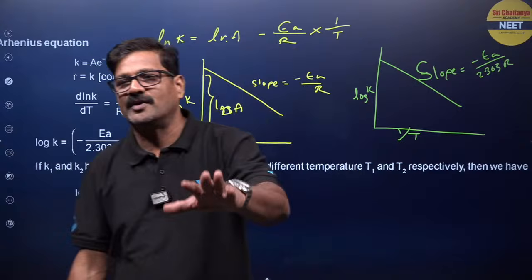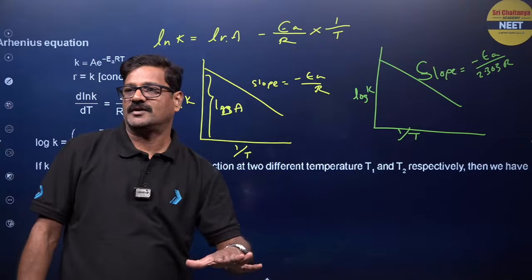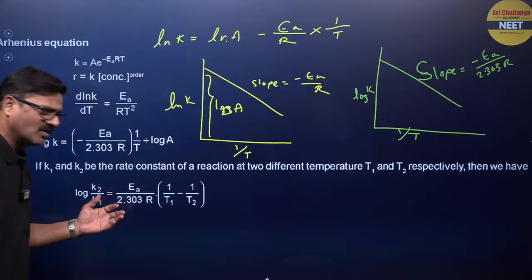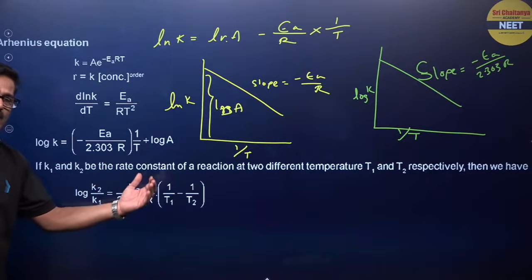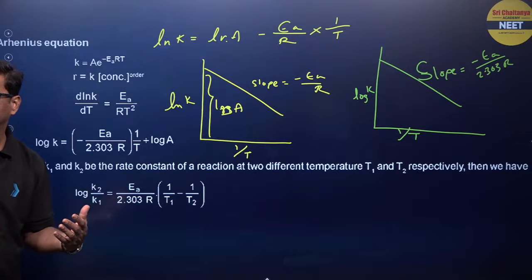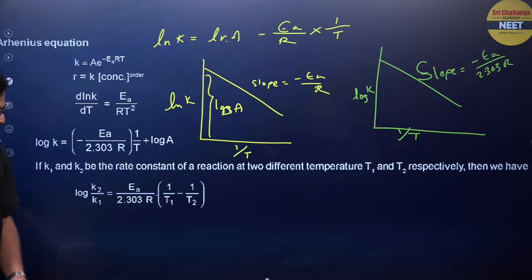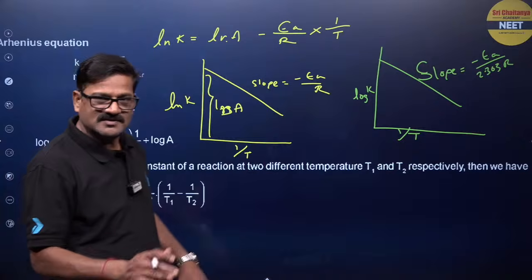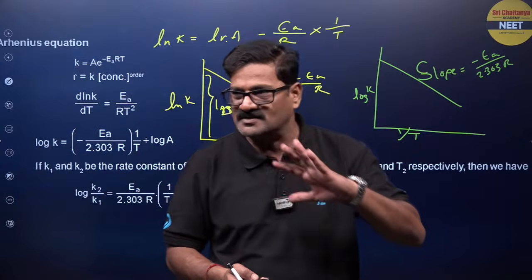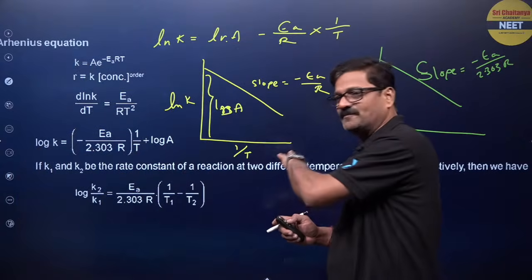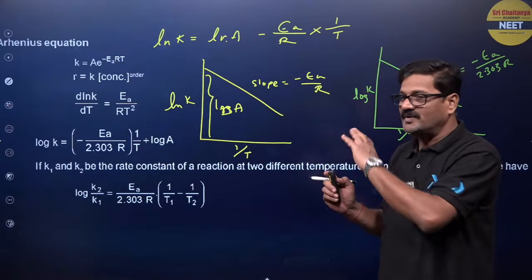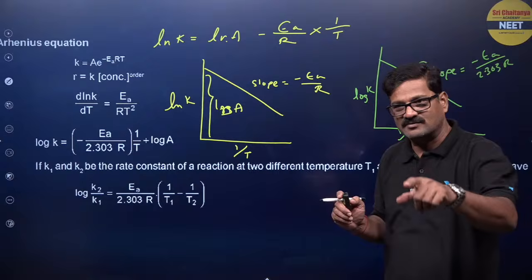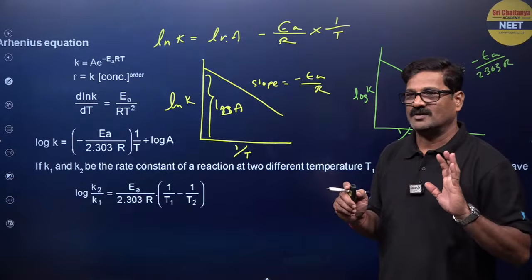It's very, very, very important. And you can also take log k2 by k1 is equal to Ea by 2.303 R into (1 by T1 minus 1 by T2). Fine. So like that various formulas are there, chapter wise formulas bhi revise kar sakte hain. And you can just take this particular session PPT and the PDF form in the Telegram channel, it will be given, right?